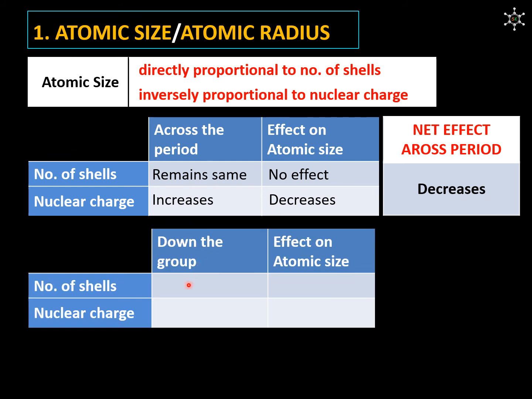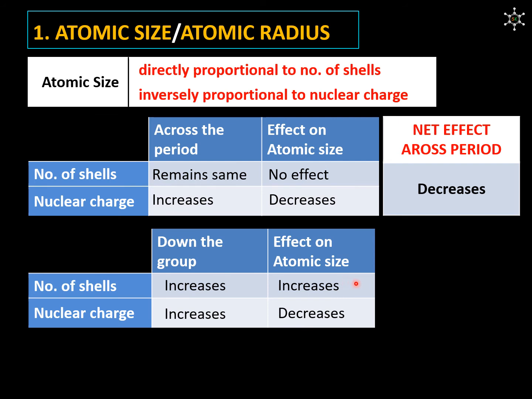Down the group, the number of shells increases. So, atomic size also increases down the group because of number of shells. Nuclear charge down the group increases. So, atomic size decreases down the group because of nuclear charge. What exactly happens to atomic size down the group will be a net effect of these two.